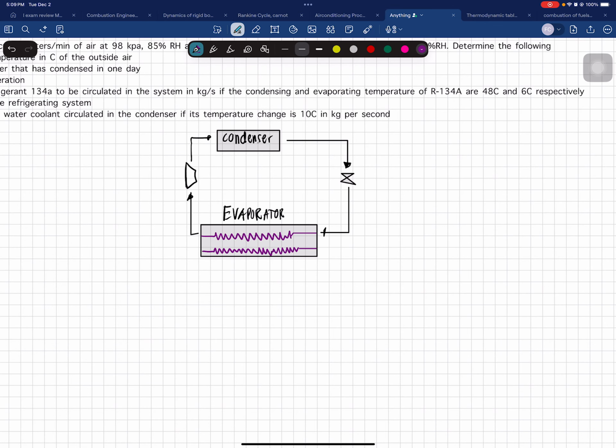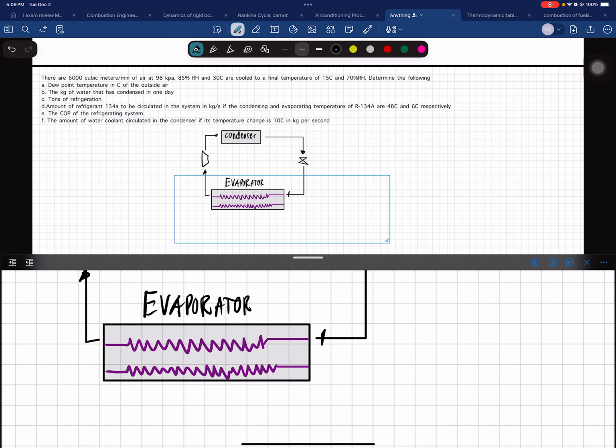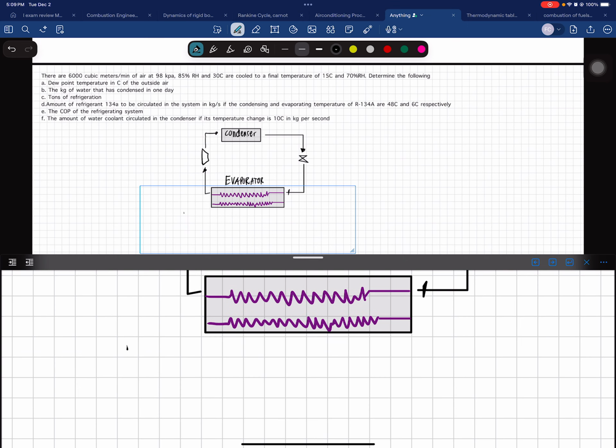So we have outside air going in and air going out.